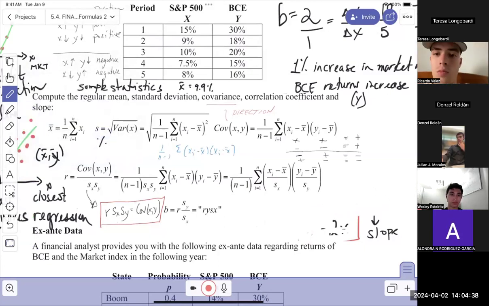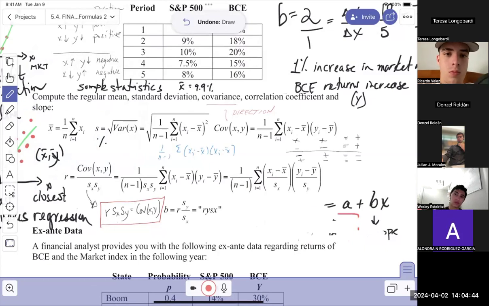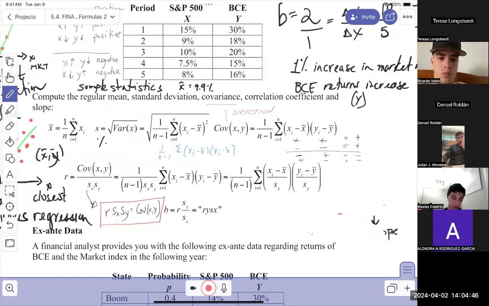Easier to do it like this. So B is equal to covariance x comma y divided by standard deviations.